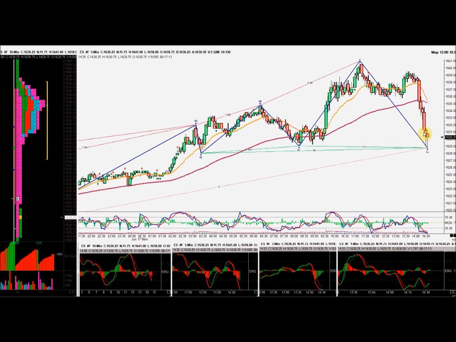So this 5-minute bar here, there was a lot of movement from the top to the bottom, from 1631 and a half all the way down to 1629. Okay, it's a lot of movement, but the closing price was just below the opening price.